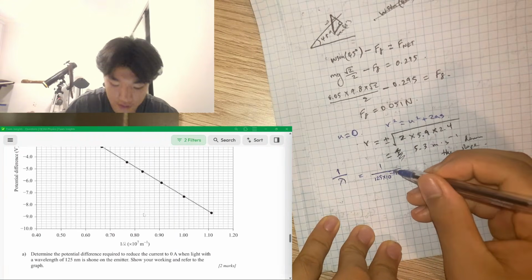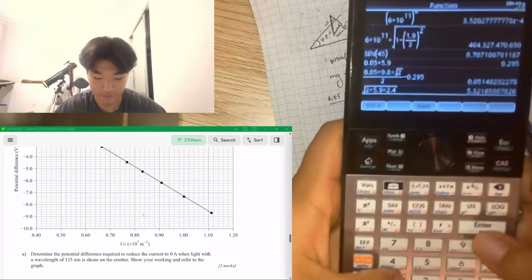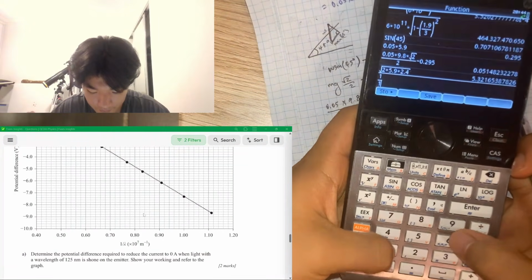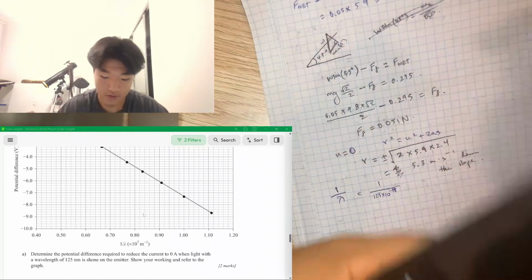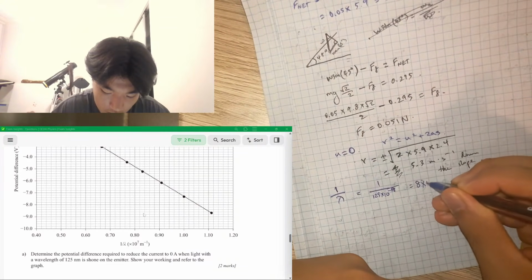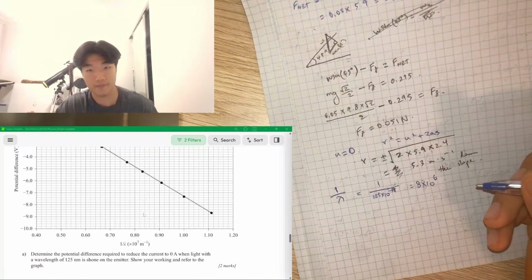I accidentally wrote 19. What value is that? It's 8 million, so 8 times 10 to the 6, I think. Yeah.